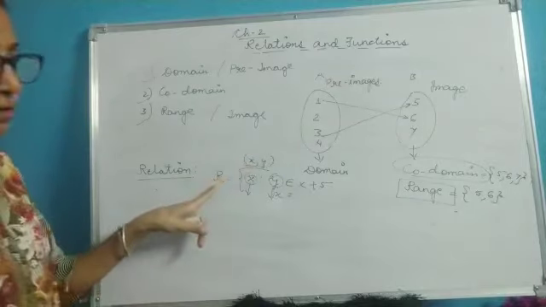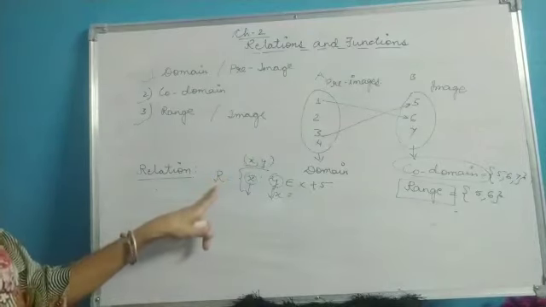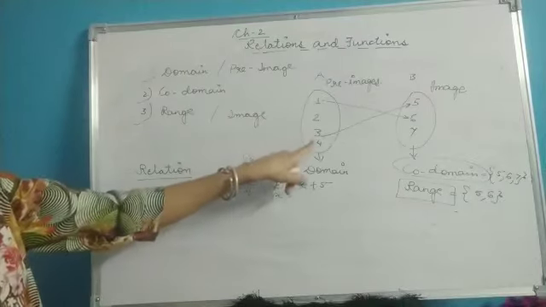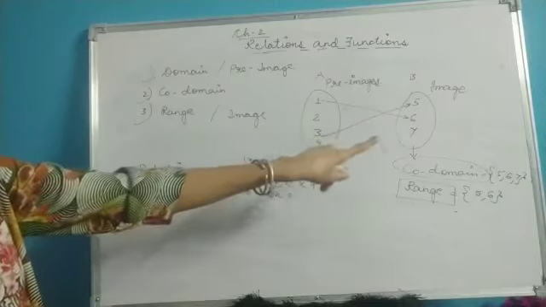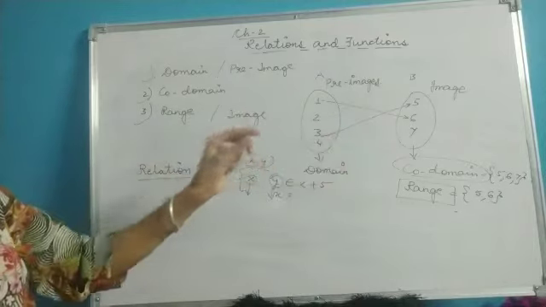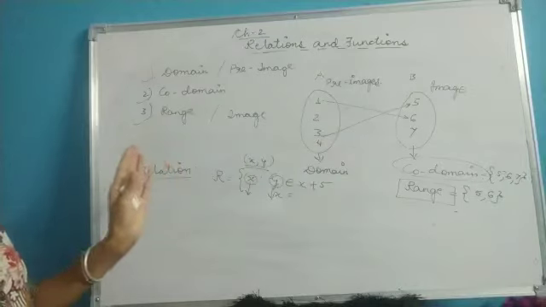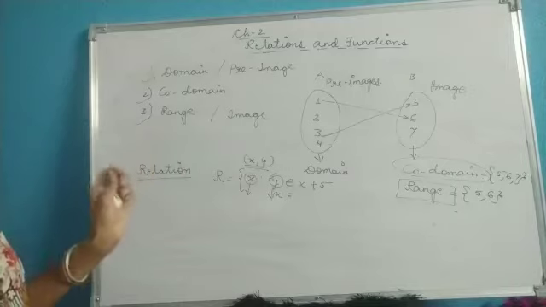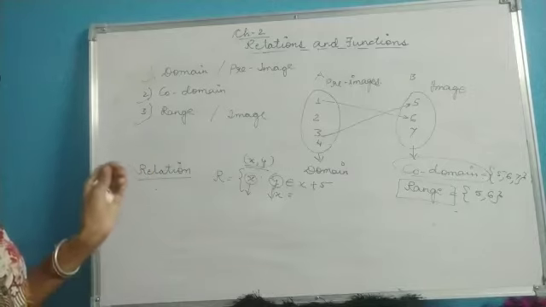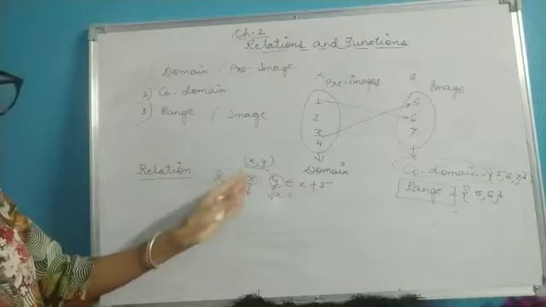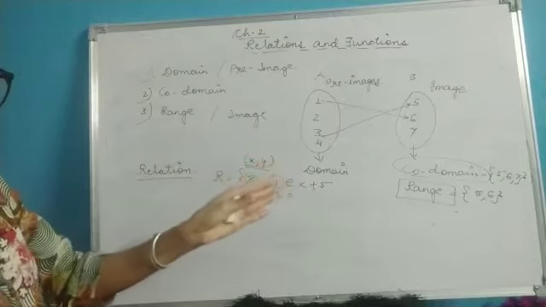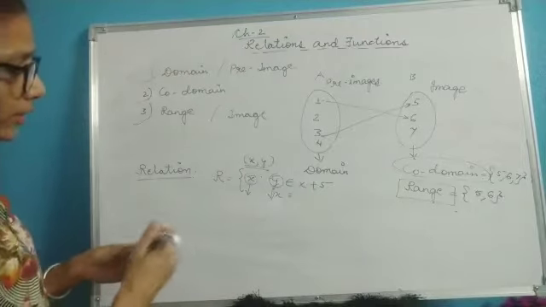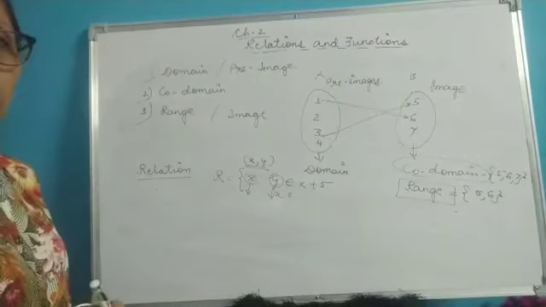So you can define relation as: a relation R from a non-empty set A to a non-empty set B is a subset of the Cartesian product A cross B. The subset is derived by describing a relationship between the first element and the second element of the ordered pairs in A cross B. And then you can write relation like this.